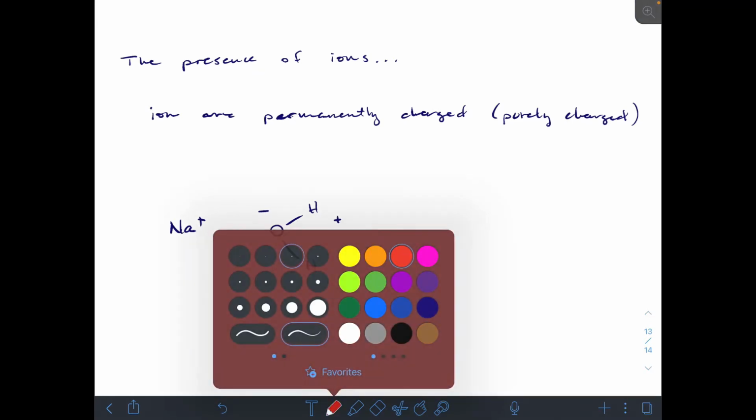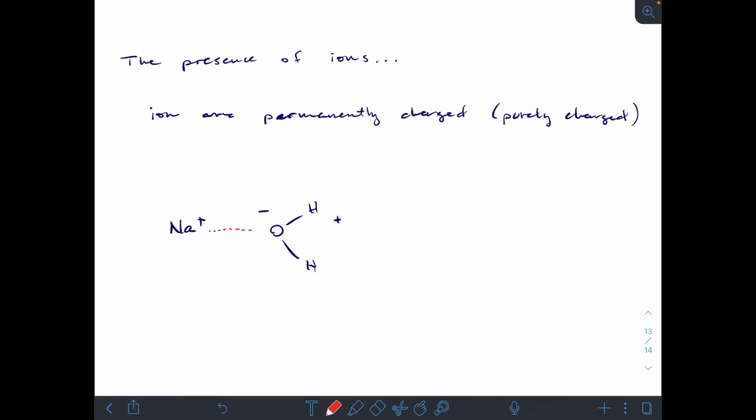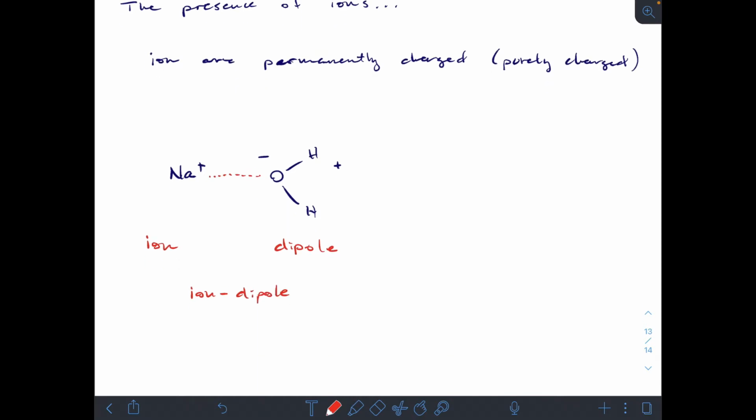So my sodium is going to be attracted to the negative end of the water molecule. Right, so we have an ion and we have a dipole. This is called the ion-dipole interaction, and it's stronger than hydrogen bonding.